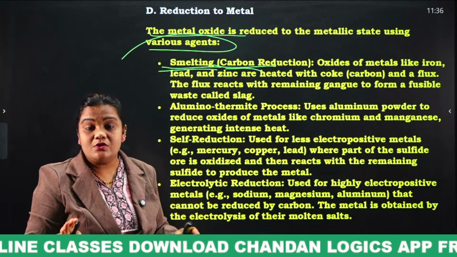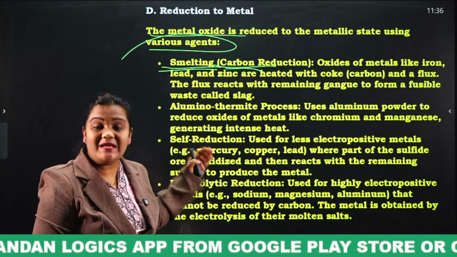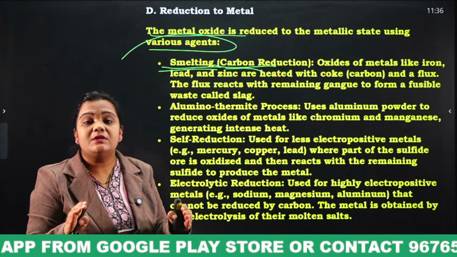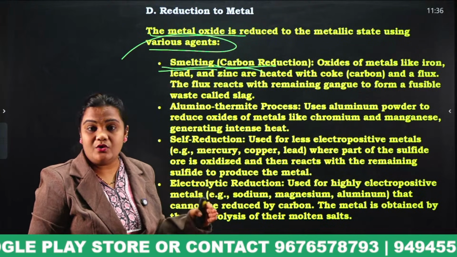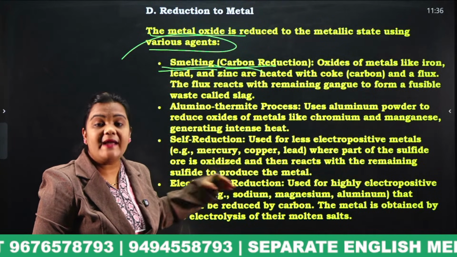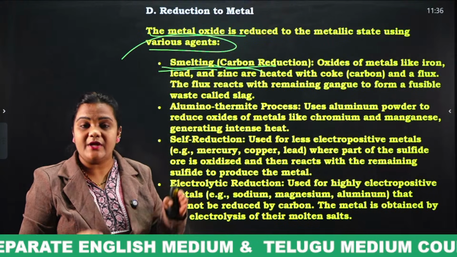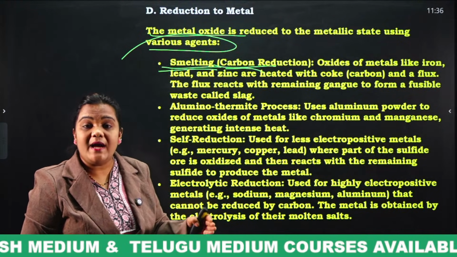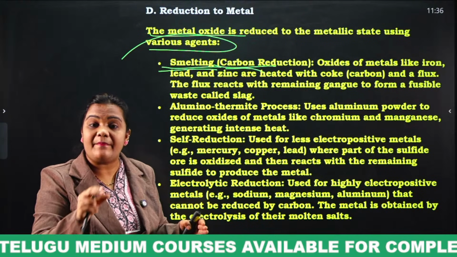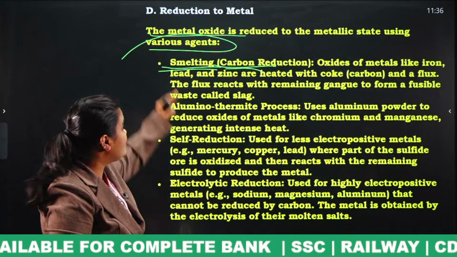Listen, students, don't think this is not that important. It is very, very important. Why? Because there is a chance of being asked how the iron metal is separated from the iron ore, by which process, and what is the name of that process, students?